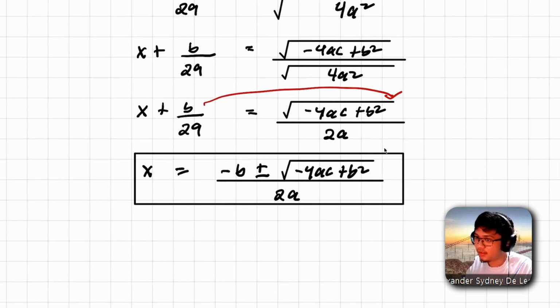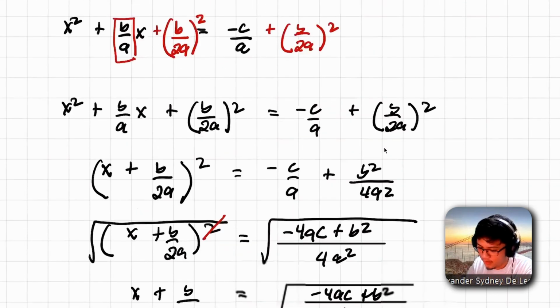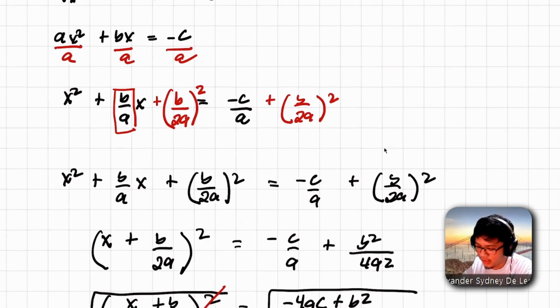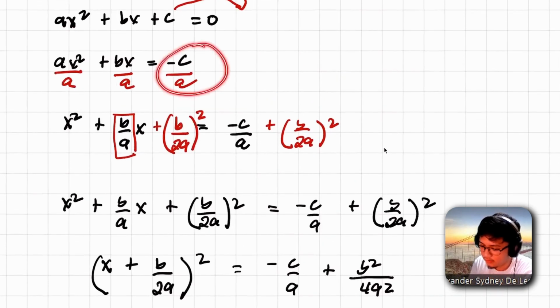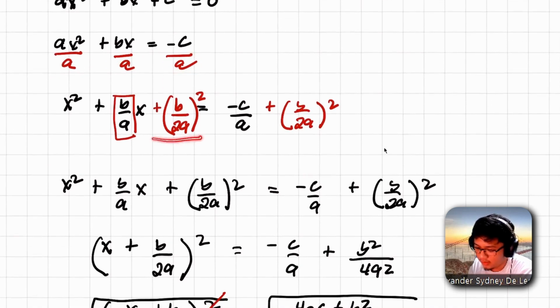So, as you can see, no, this is purely completing the square method. Nakita nyo naman, di ba? From the beginning, in-isolate natin yung constant. And then, tinanggal natin yung coefficient ng x squared. And then, what? Kinumplete natin yung square by adding 1/2 of the second term and then squaring it, no?